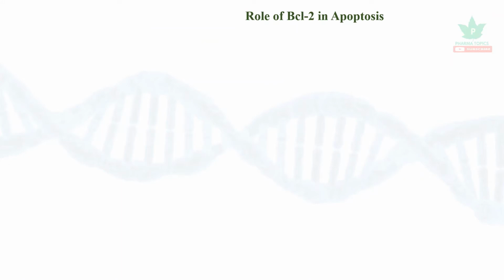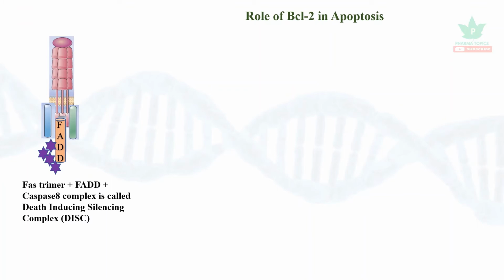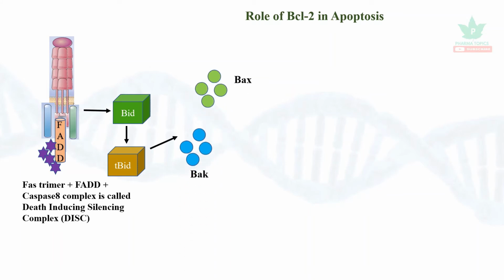Let us see about the role of BCL2 in apoptosis. The Fas trimer, FADD, Caspase 8 complex, which is called death-inducing signaling complex, activates BID to activated tBID. The tBID activates the formation of BAK and BAX, which are apoptotic proteins.